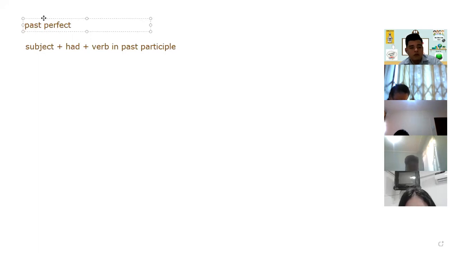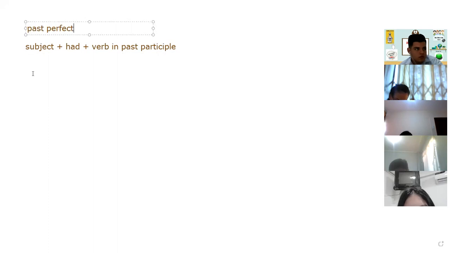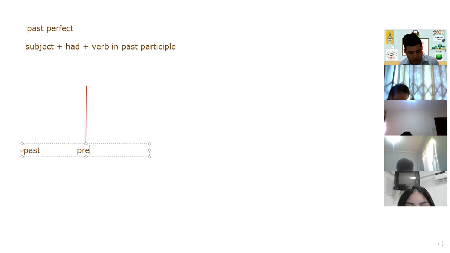Okay, how do we recognize when we use past perfect? Over here we have this table, tense. In this part we have past, present, and future. So suppose we have two sentences or two actions that happen in the past.